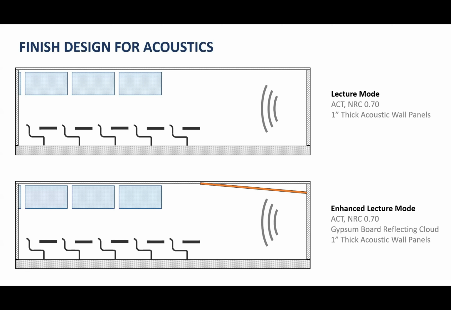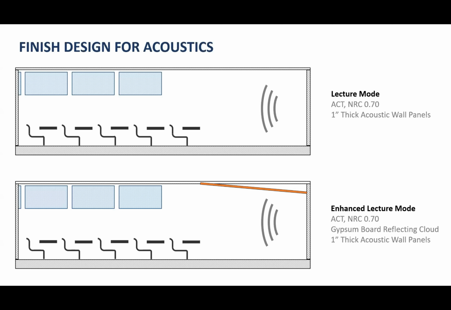If we want an enhanced lecture mode, like Matthew was saying, perhaps a larger lecture hall with many, many seats, we may want to add in this orange color here, a gypsum board reflecting cloud. Now, it doesn't have to be gypsum board. It can be any reflective material, and it doesn't have to be this angled shape. It could be curved.